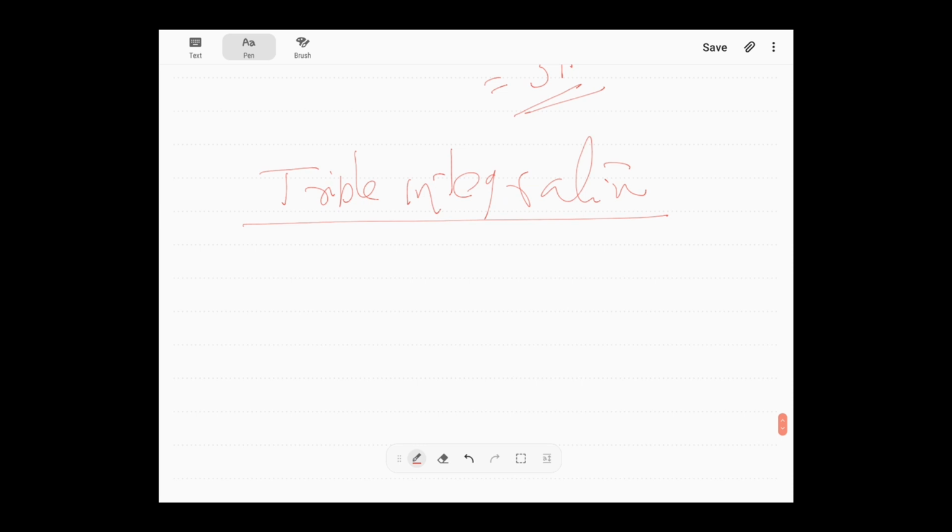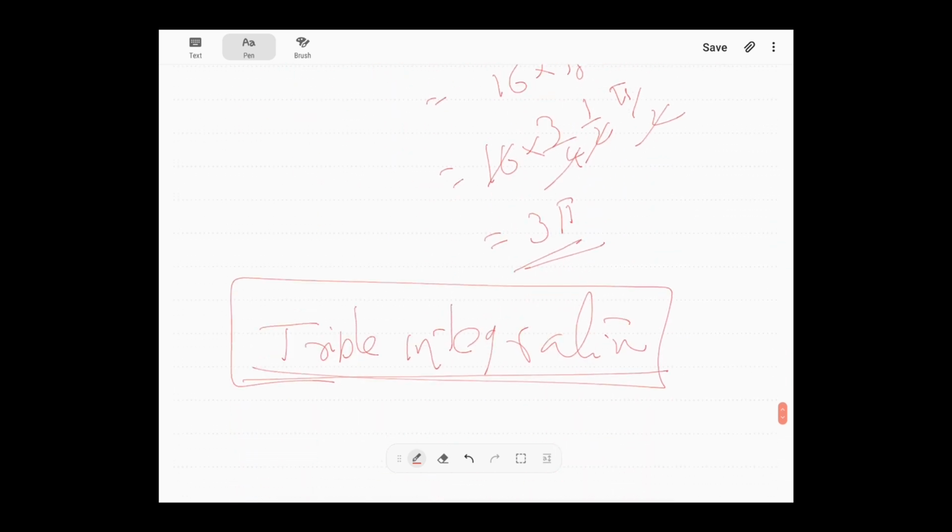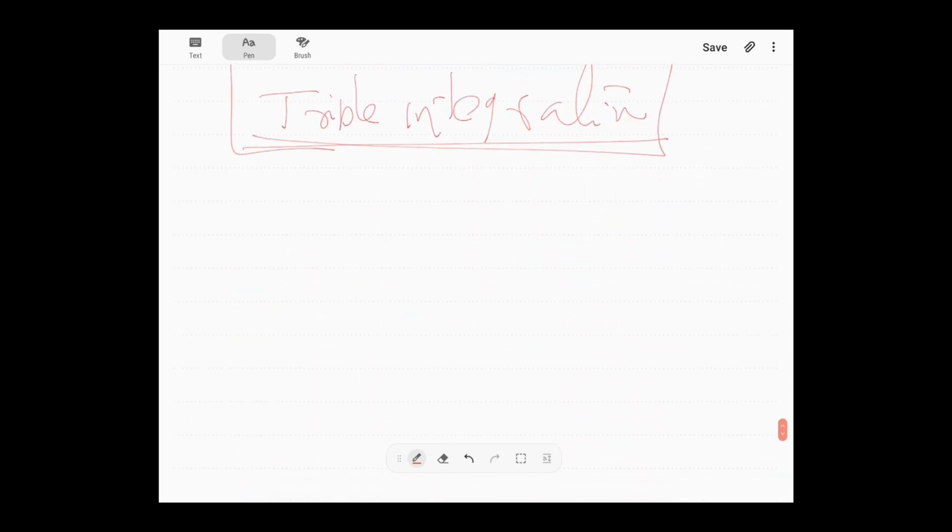From that link you can see my lectures on triple integration. This topic is there for all the other branches except chemical. Chemical students are also requested to go through this triple integration and this double integration first and then move to vector integration. Thereby you can understand that easily.